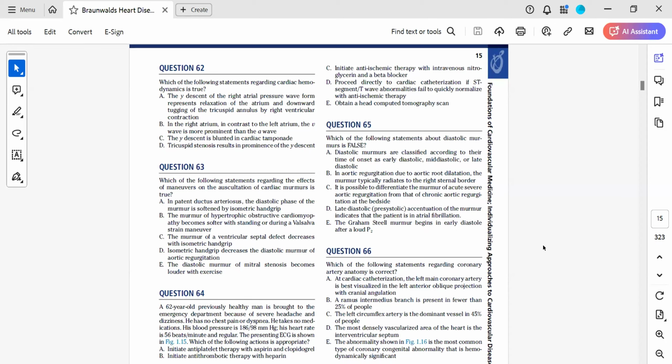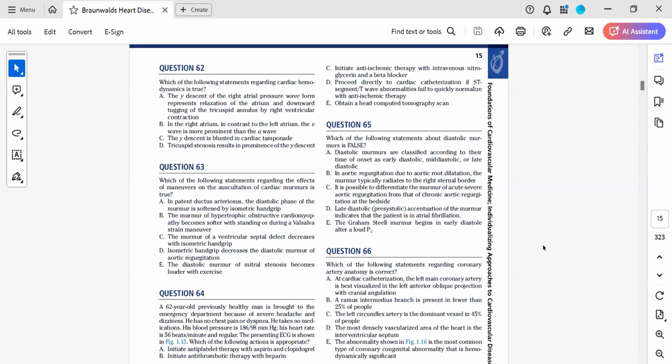Then the X is, I think, when the pressure in the atrium falls during ventricular systole. Please correct me if I'm wrong. Okay, yeah, part of it.